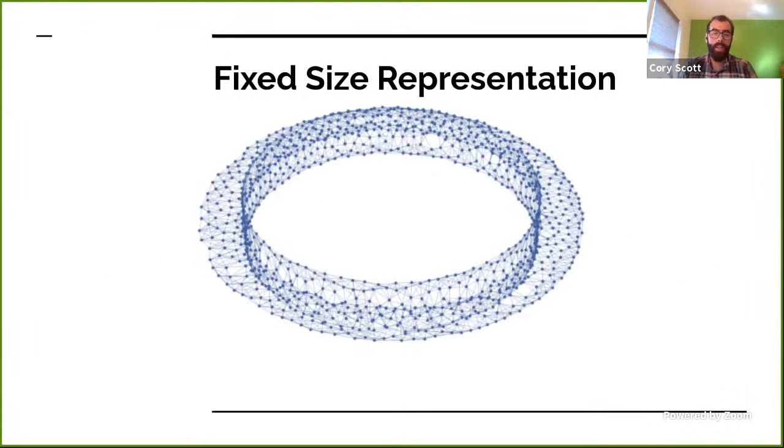Just as an example, here's a shape that is not a manifold. It's a pork pie hat shape with one cylinder and then another cylinder at its equator, more or less. This isn't just a manifold. It's a more complex object. It's a cell complex. The idea is to use graph diffusion distance to produce a representation of these kinds of objects that doesn't depend on how many nodes you have.